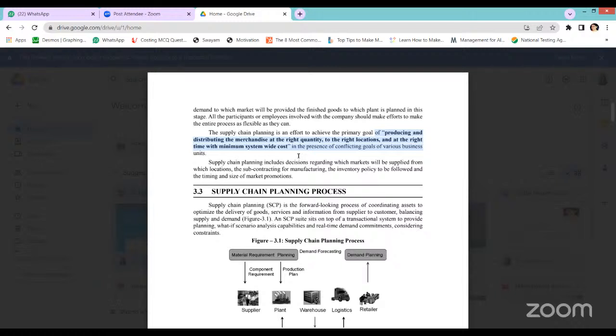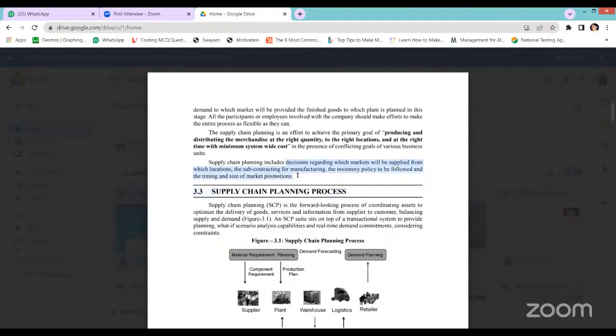That's what every businessman in supply chain must know before understanding the other goals of the organization. Supply chain planning includes decisions regarding which markets are to be supplied, from which locations, subcontracting for manufacturing if required, and the inventory policy to be followed, like how inventory is to be maintained.